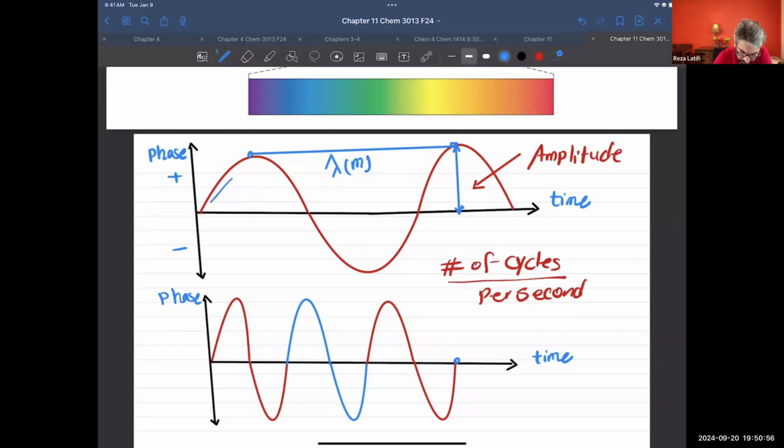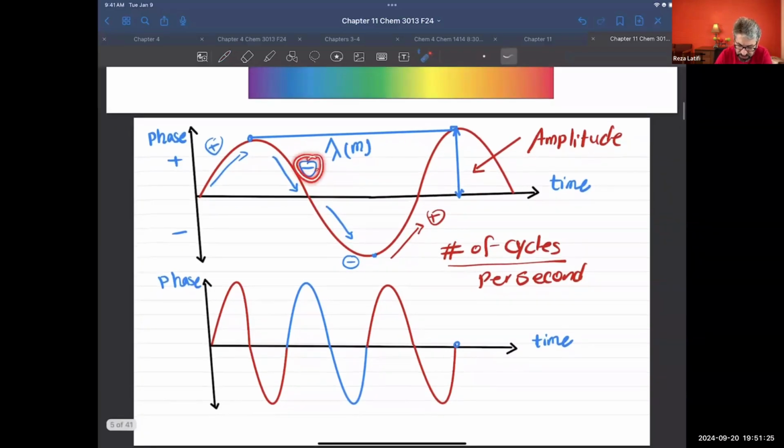The slope here is positive, and when it hits the maximum point, the slope becomes negative, and it keeps going down until we hit the minimum point. Then the slope is positive again. So please don't say the identical point for this point is over there and that should be the wavelength. No, because this one has a negative slope on the left side and a positive slope on the right side, so these two points are not really identical.